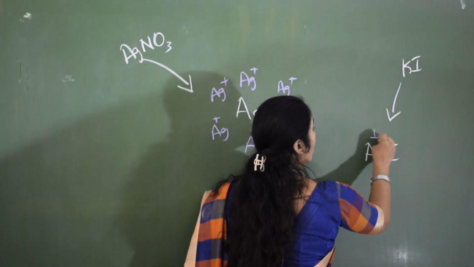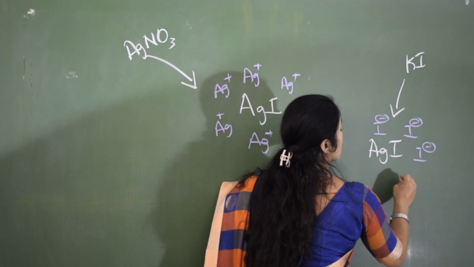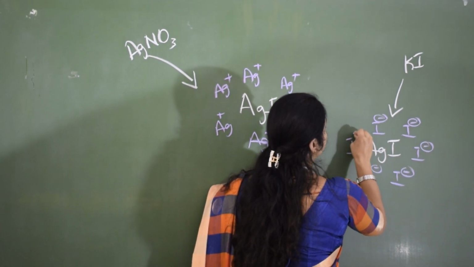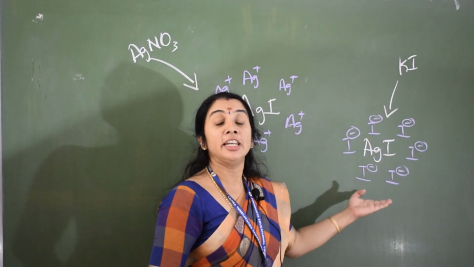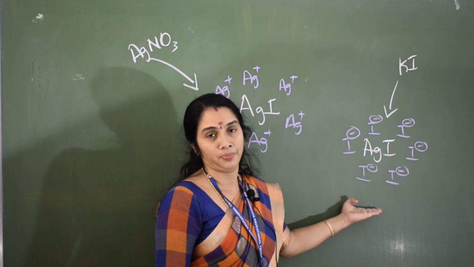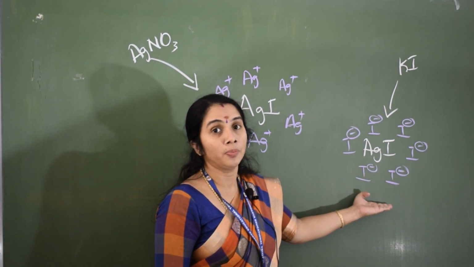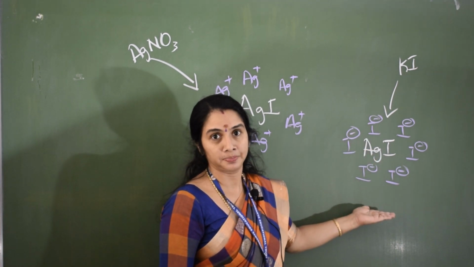This iodide ion will adsorb on the surface of the silver iodide, giving it a negative charge. So a precipitate is converted into a colloidal form by the adsorption of the common ion present in it.